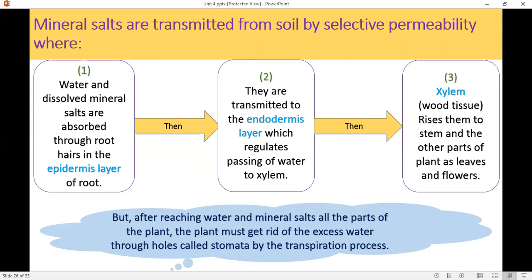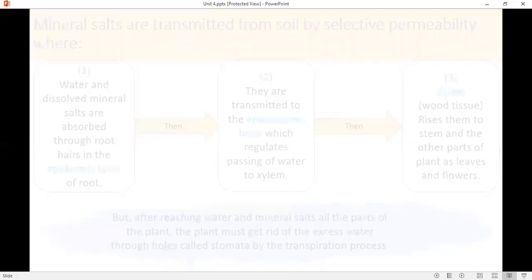What is that? As humans, we drink an amount of water and we have excess water that we get out as urine. The same idea. Also, the plant gets excess water, so it gets it out by holes called stomata by the process called transpiration.